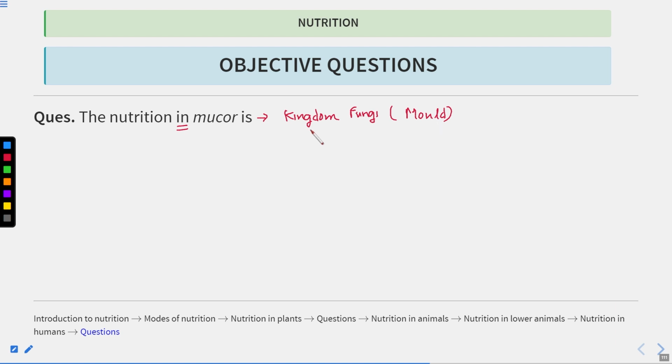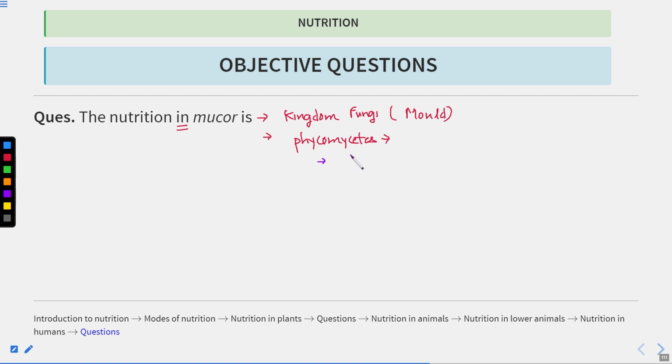Alright. So, if we talk about the mucor, mucor belongs to Phycomycetes. And what are the characteristics of Phycomycetes?